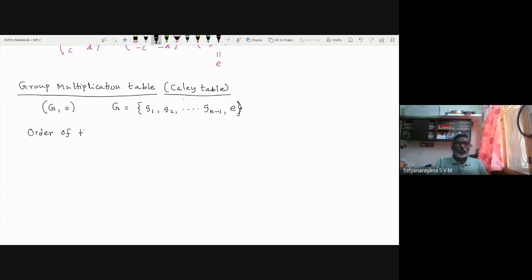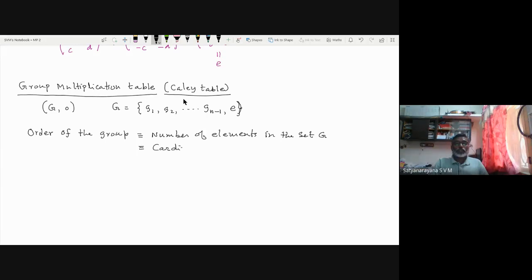Order of the group is equal to the number of elements in the set G, or you can also call it the cardinality of G. So in this particular case, order of G is equal to n, because there are n elements in this.